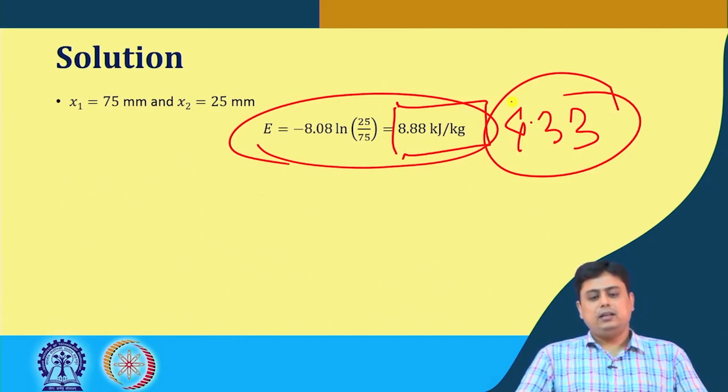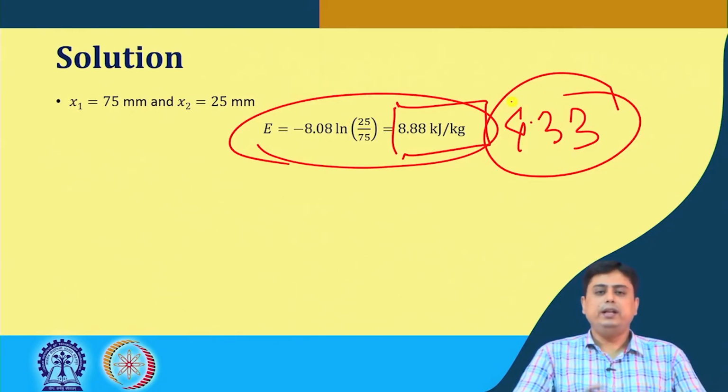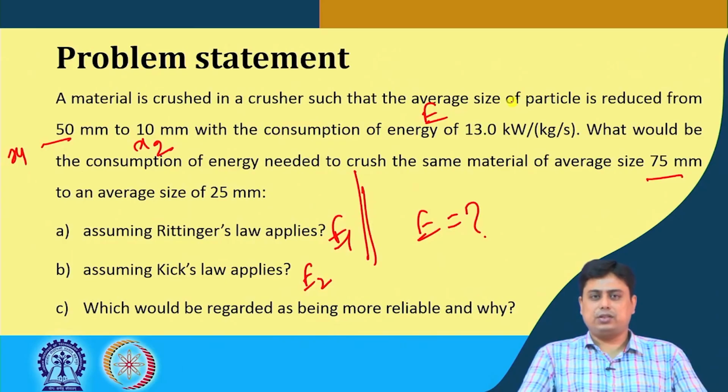But it is inefficient if we do not judge why it is so. If we take the higher energy into consideration for the design, we may be overestimating everything. So, which one is more reliable? For that we have to look at the size reductions.